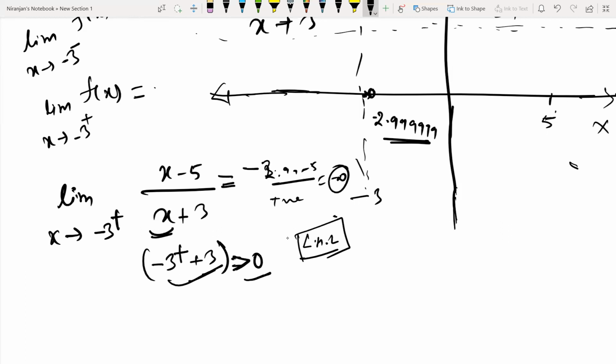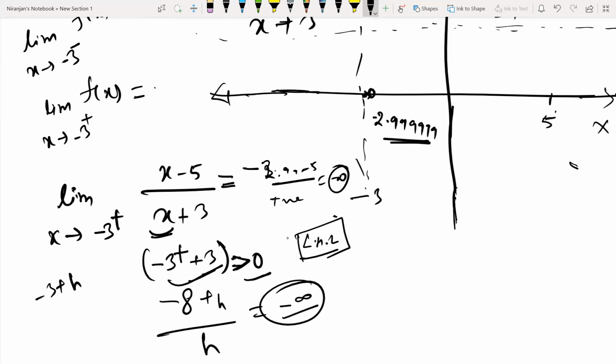Similarly, if you want to do it properly, you should write -3 plus some h, and then this is going to be -8 plus h divided by h, which leads to minus infinity. That's how you should do it properly. But I'm giving you intuition on how fast you can think in terms of numbers.